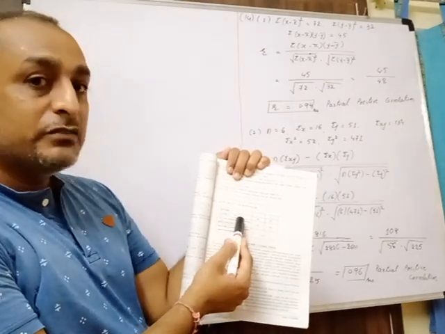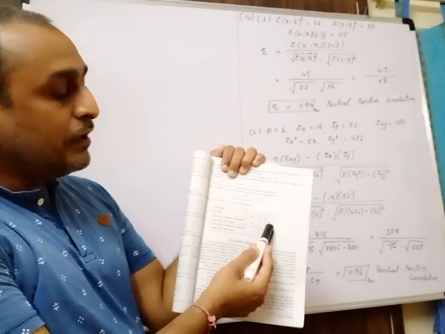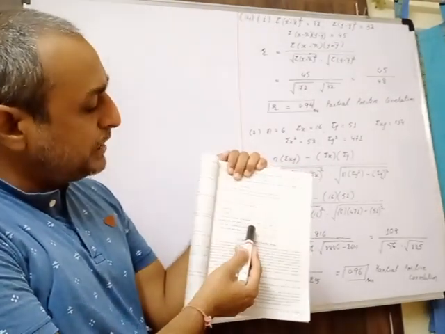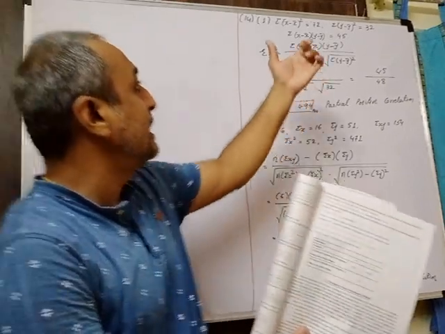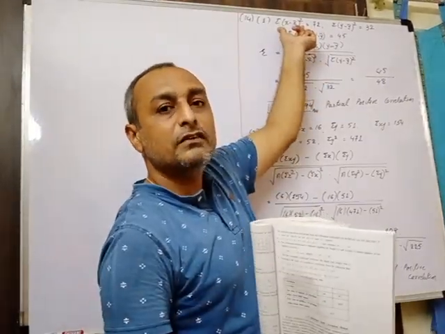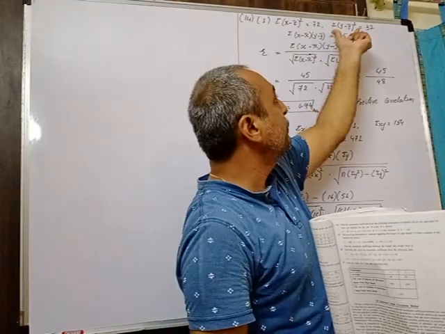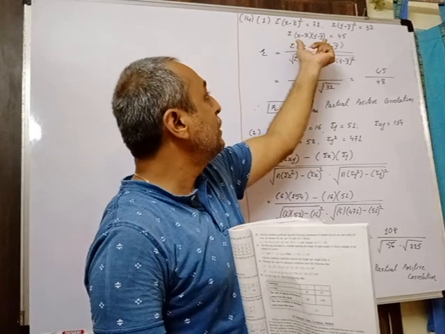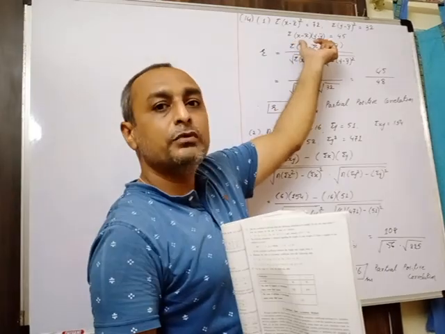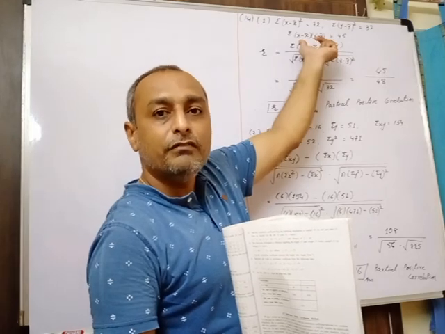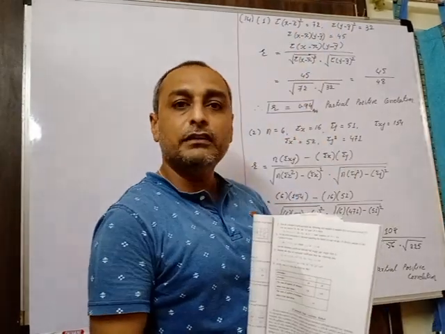So the sum of x minus x bar the whole square and the sum of y minus y bar the whole square, and this one is the sum of the product of the deviations. These are called the sum of squares of deviations taken from the mean of x and of y, and the sum of the product of the deviations taken from the means of x and y. So this information is provided in the form of a table.